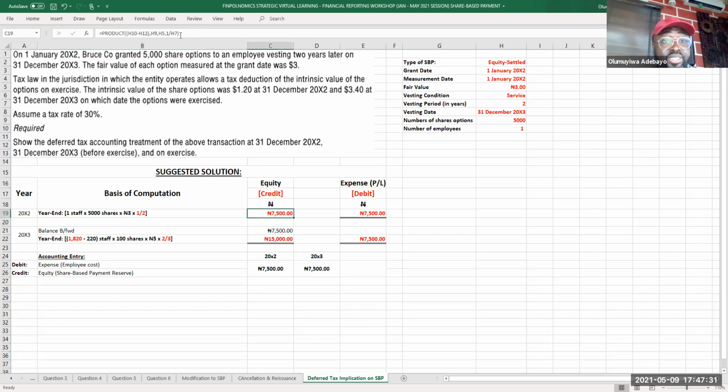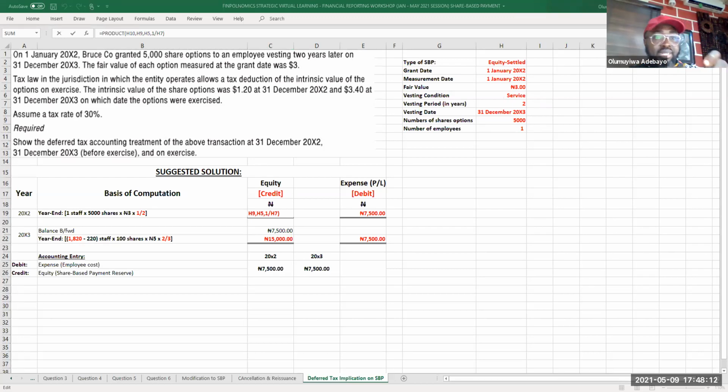Therefore, what do we do? In this case, we only have one staff, and that one is entitled to 5,000. The fair value is 3, and we are in 1 of 2. At the end of the day, this is what we should have.